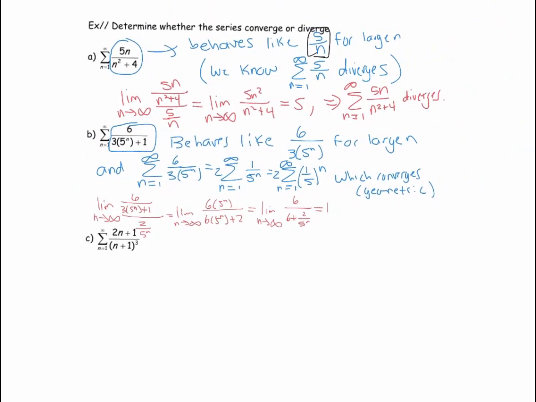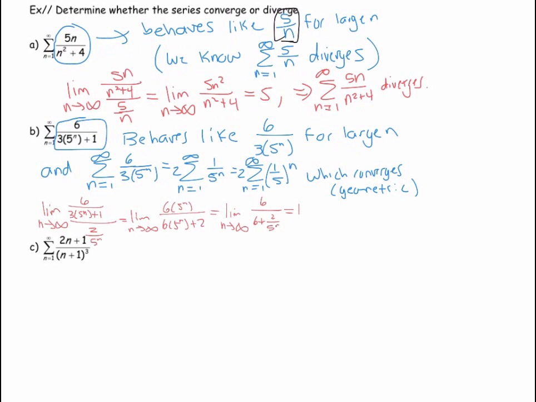And that allows us to conclude that this series we were analyzing to begin with behaves the same way as 6 over 3 times 5 to the n, which we know converges. So this converges too.